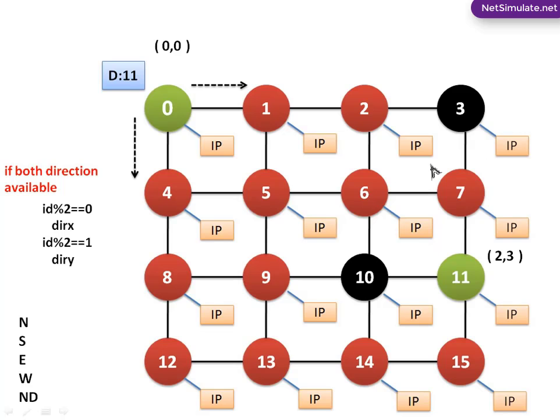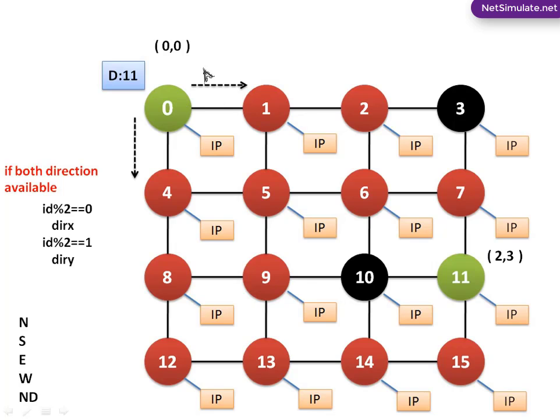Now we are considering two nodes are failed, node 3 and node 10. This node will compare its XY coordinate with XY coordinate of destination. So if you can see, the X coordinate is more than the current node, so Y direction will be south, Y coordinate is more than its current node y coordinate, so direction will be east.